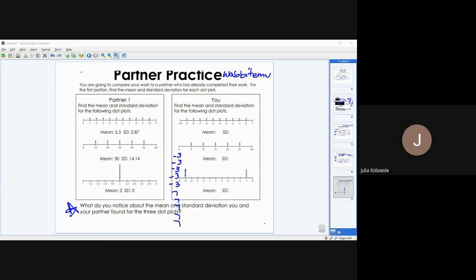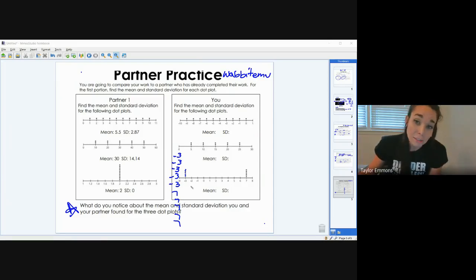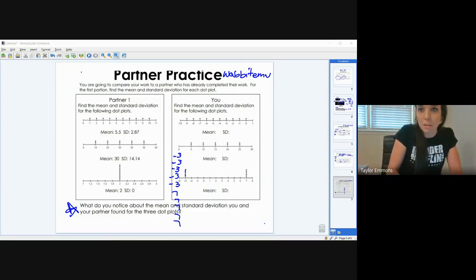All right. So once I put this in, I'm going to hit stat and then scroll over to calc. I'm going to hit enter and then hit enter again. And this is what I get.